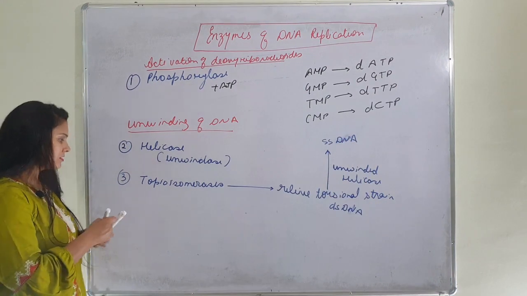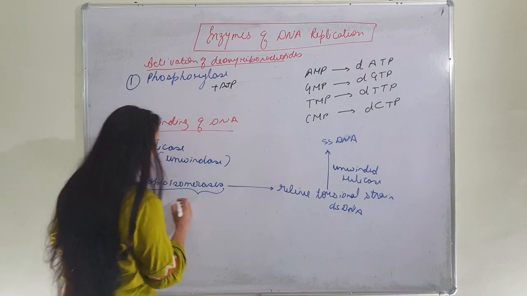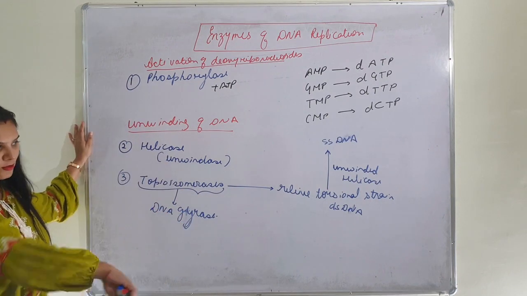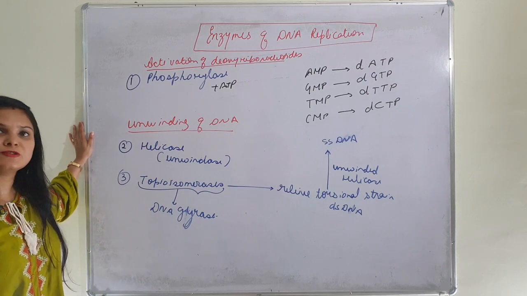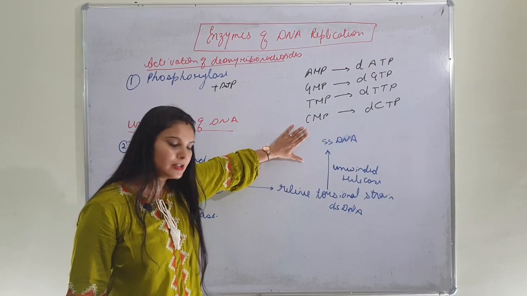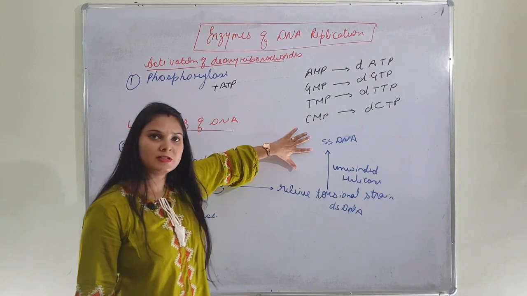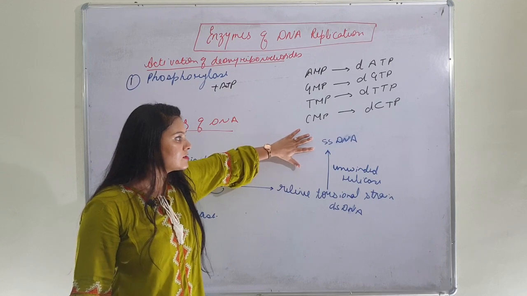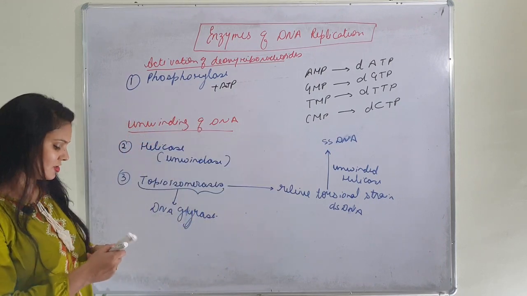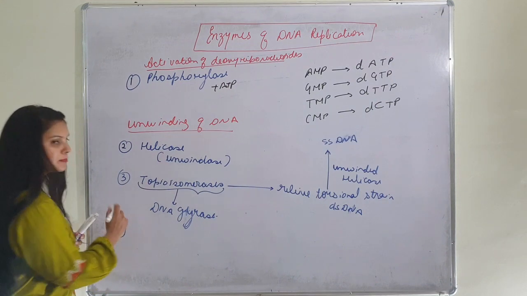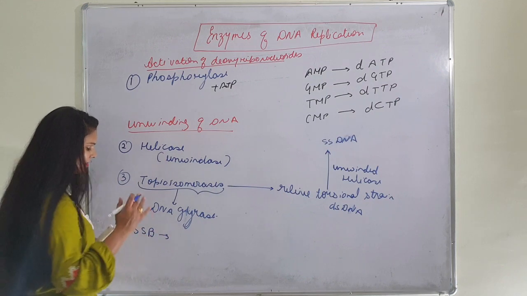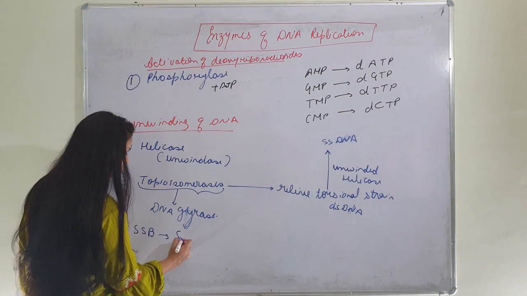In prokaryotes, this topoisomerase enzyme is replaced by DNA gyrase. Now the double stranded DNA is converted into single stranded DNA, which needs to be stabilized at that point so that these two single strands do not form base pairing again, and this stabilization is provided by a protein called SSB, or single stranded binding protein.